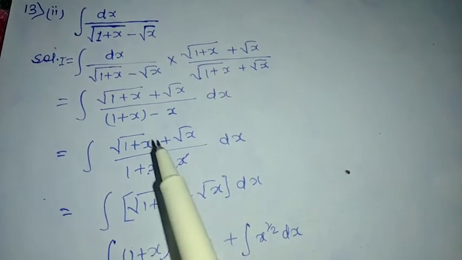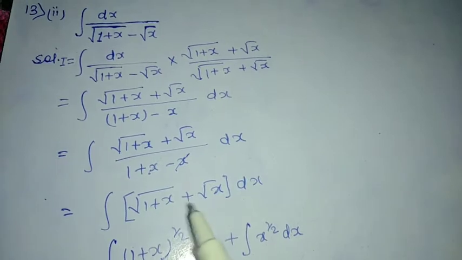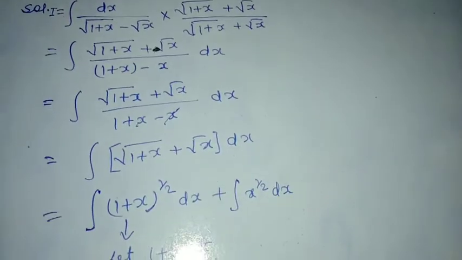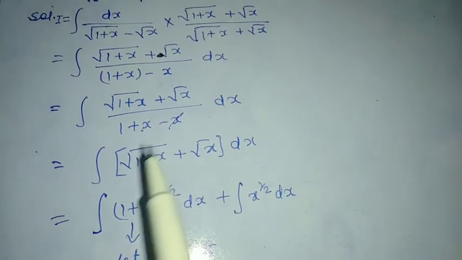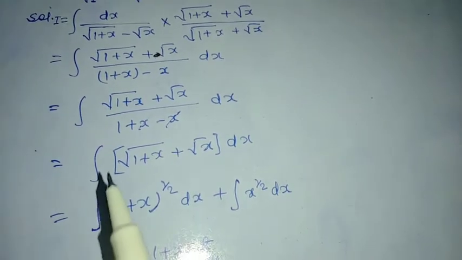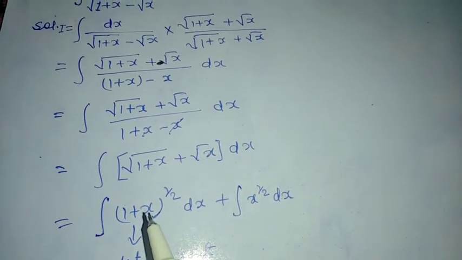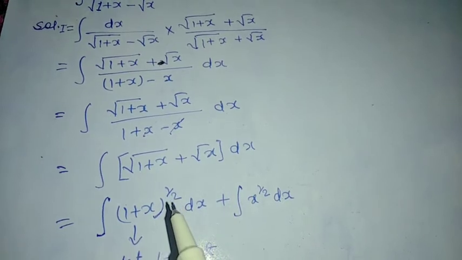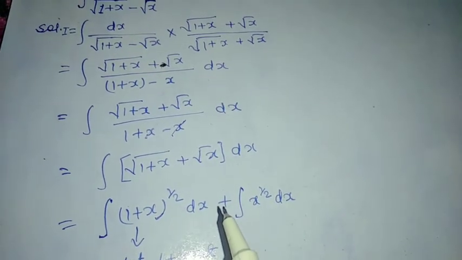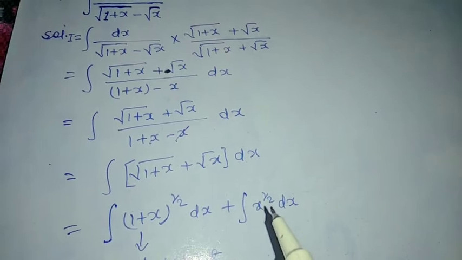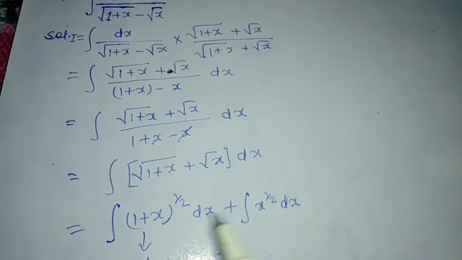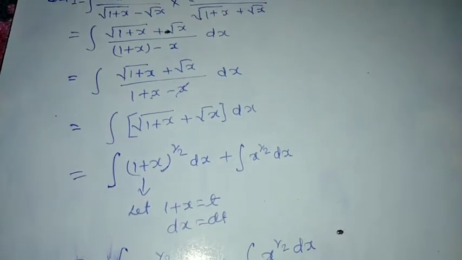So we can write this term like this. In the next step we can separately integrate it. So here we have written integration of 1 plus x whole raised to the power half into dx plus integration of x raised to the power half into dx.